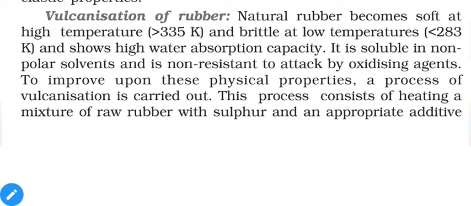Because of vulcanizing, cross linking will occur between rubber chains, and as the cross linking increases, it will decrease the flexibility or elasticity, but it will add some strength. That means as the rubber becomes more and more vulcanized, it loses its elasticity and it increases its strength.